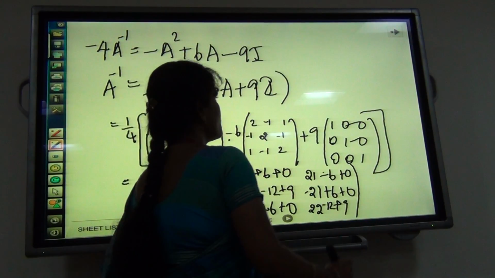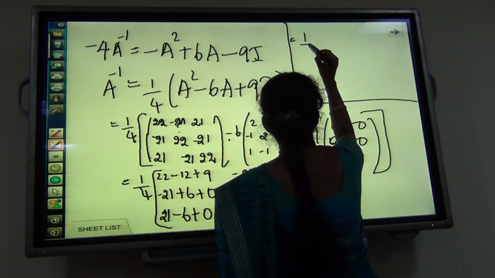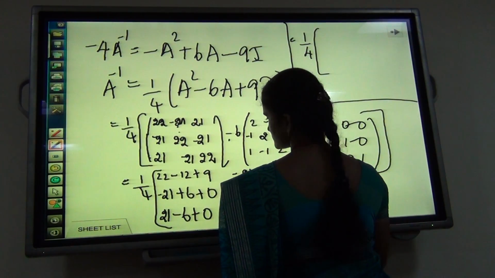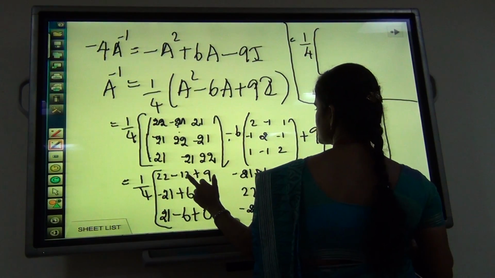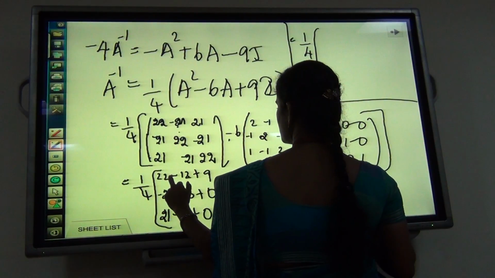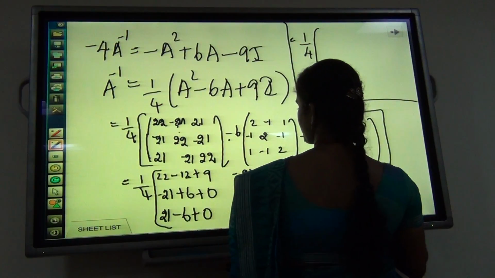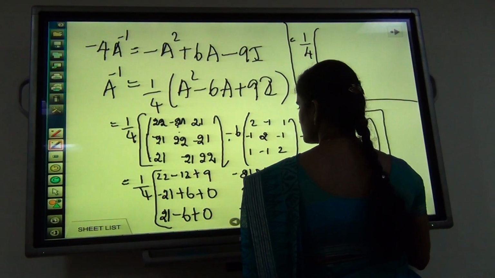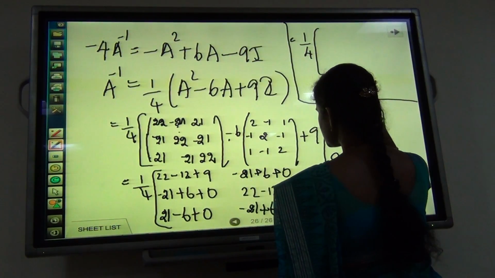So the inverse is 1 by 4 times of 22 minus 12 plus 9, which is going to be 10 plus 9.